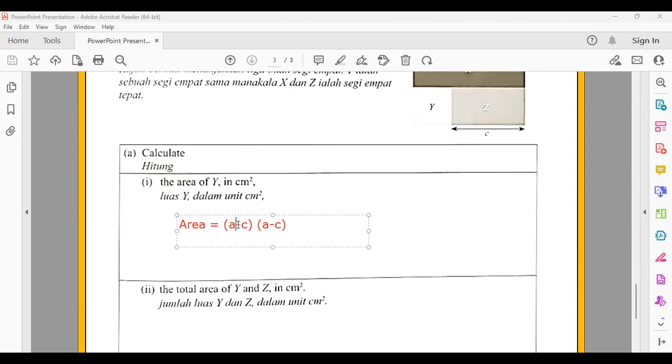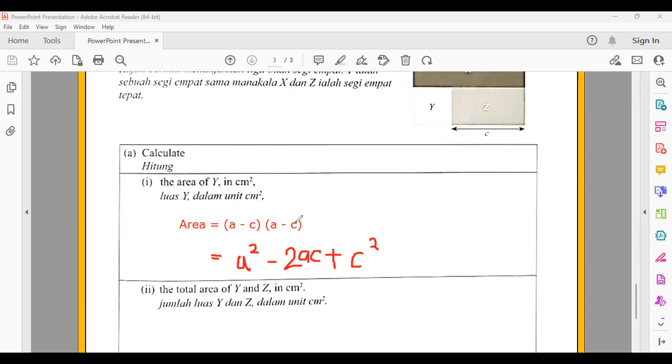Open it up. A squared. Remember, just now you can use the formula, but never mind. If you don't want to use the formula, also fine. So what do I get? A squared, minus 2AC, I'm going to use the formula, plus C squared. That's going to be my answer.